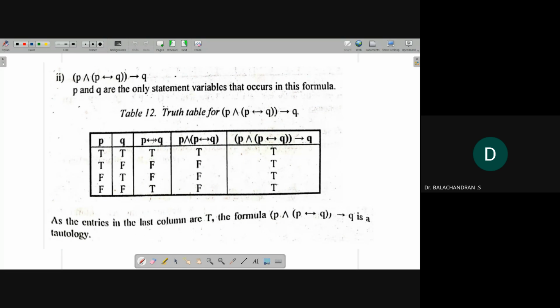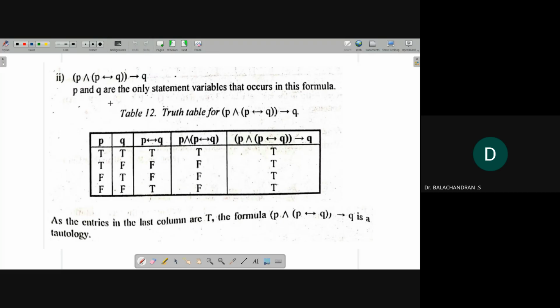P biconditional Q: already I told that for P biconditional Q, if both of them have the same truth value, then it is true. So here TT, that's why T, same truth value. Here also same truth value, FF, T. Remaining all other cases, it is false. Suppose TF, FT is false.